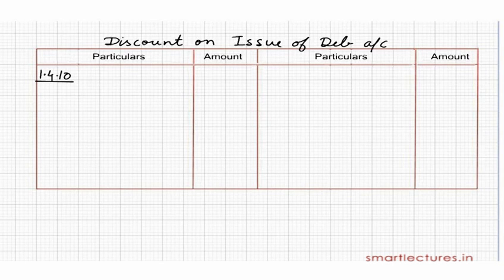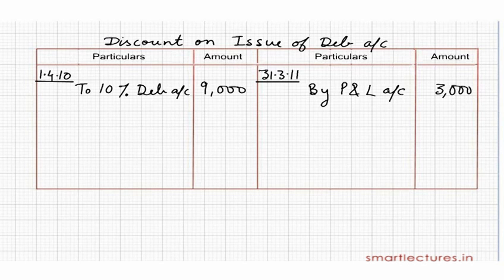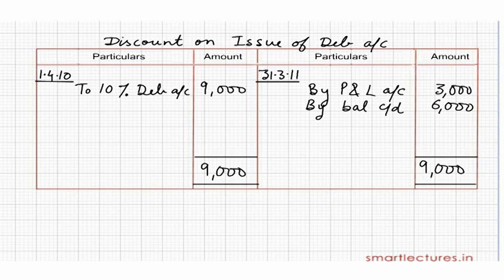So on the debit side, we'll write down to 10% debentures account 9,000, and on 31st March 2011, it was written off by rupees 3,000. So the amount will be by profit and loss account 3,000 rupees, and on the same date by balance c/d 6,000 rupees. So the total on both sides is 9,000 rupees.